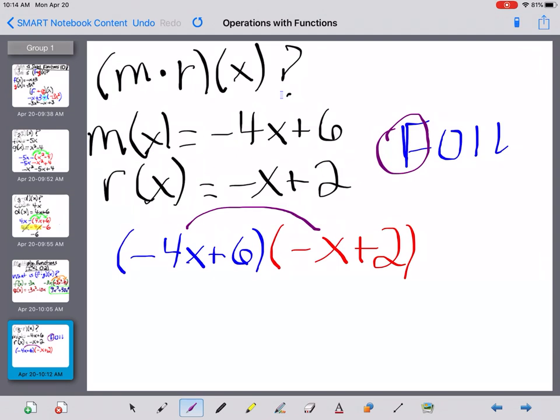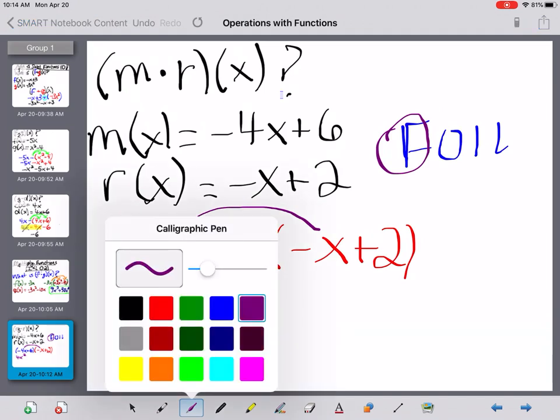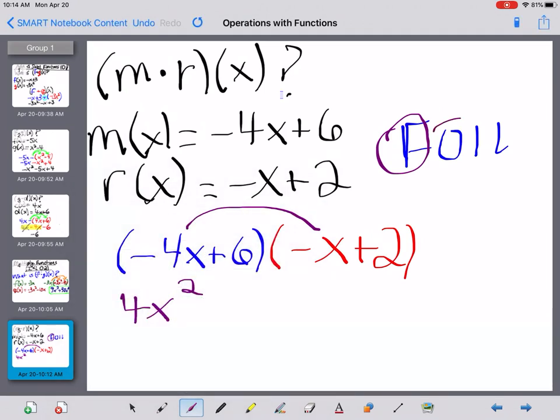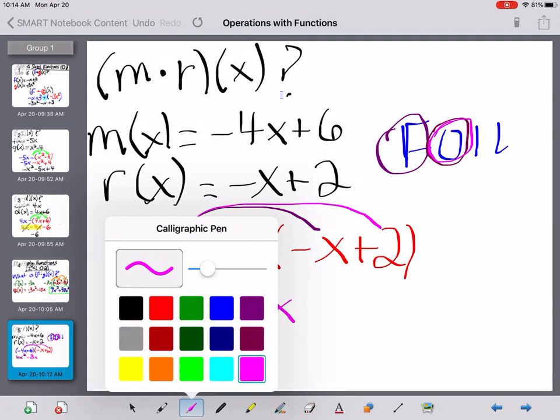So I'm going to do that in this purple color. So negative 4x times negative x is a positive, because I have a negative times a negative. It gives me a positive 4x to the second power. Okay. Then we have to do our O, so that's going to be our outside. That color looks almost the same, so let's not use it. So outer is a negative 4x times our other outer is a positive 2. So negative 4x times a positive 2 gives me a negative 8x.